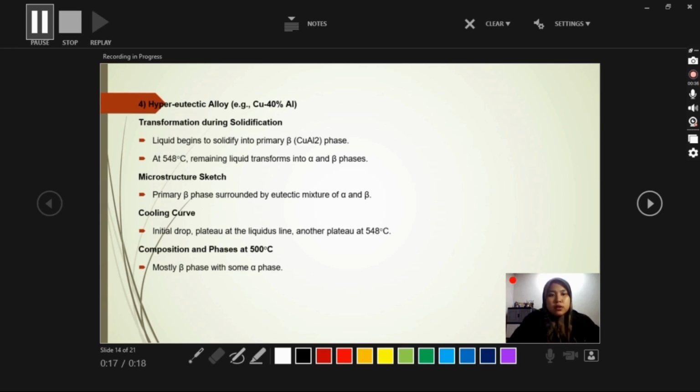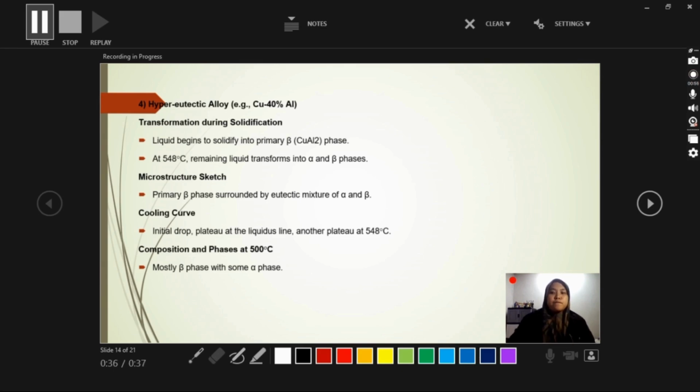The liquid begins to solidify into primary beta phase. At 548 degrees Celsius, the remaining liquid transforms into alpha and beta phase.